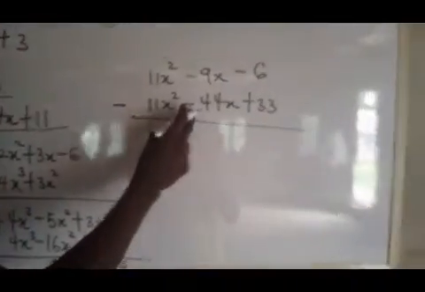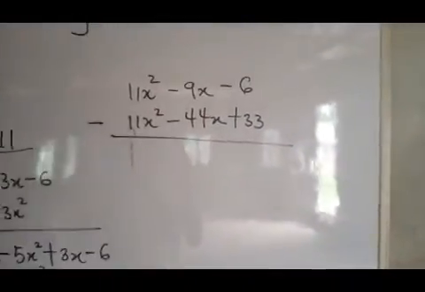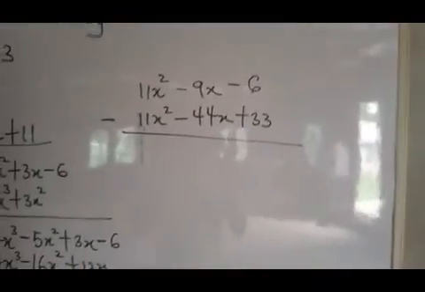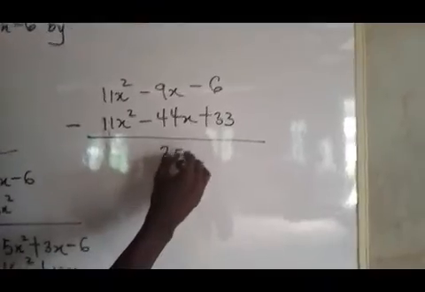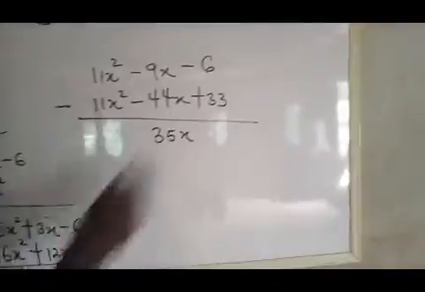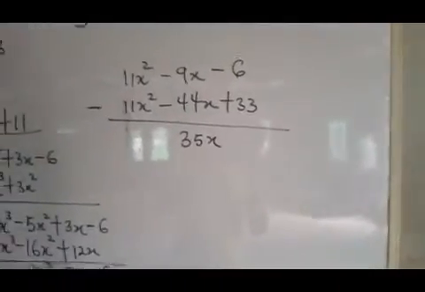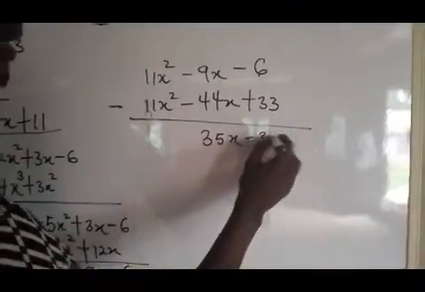This will become plus, so minus 9 plus 44 will give me 35x. Then minus 6 minus 33 will give me minus 39.